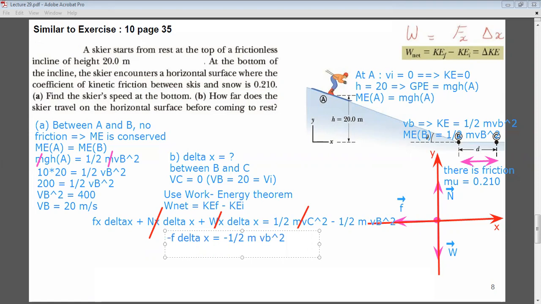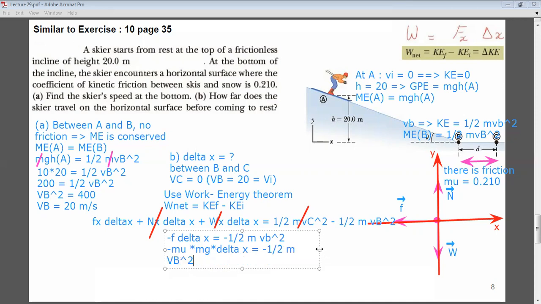How to calculate f? It is minus mu, because they're giving me mu, times N, and this is similar to the previous exercise, so no need to do it again, times mg, times delta x is equal to minus half m vb squared.